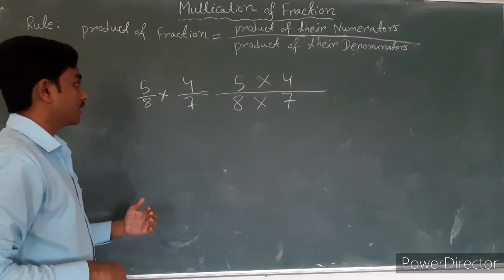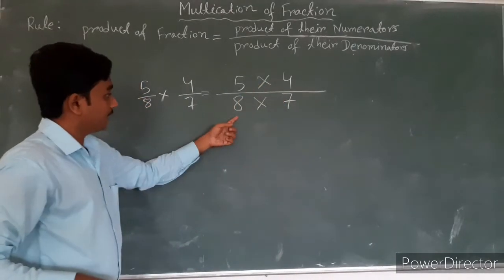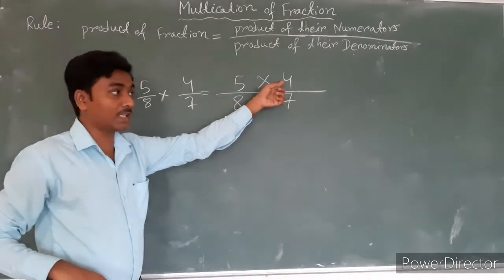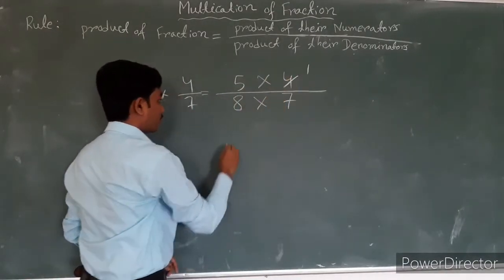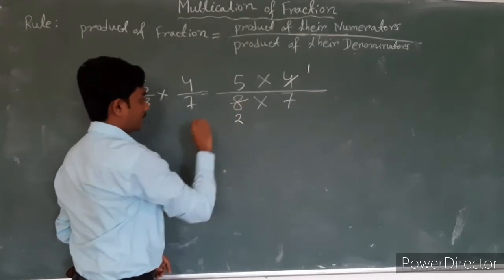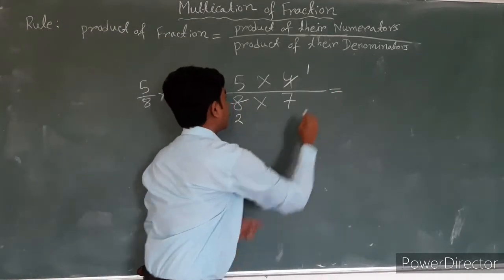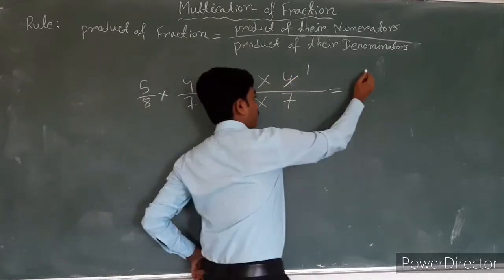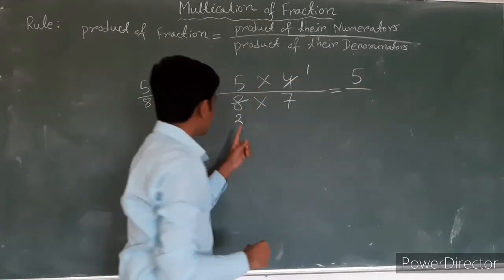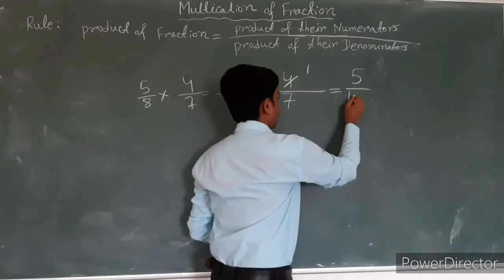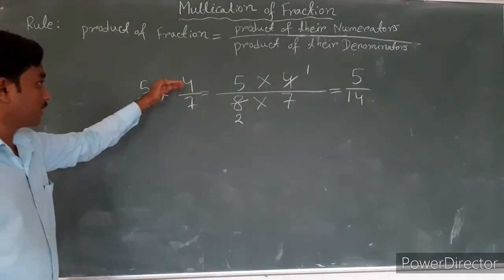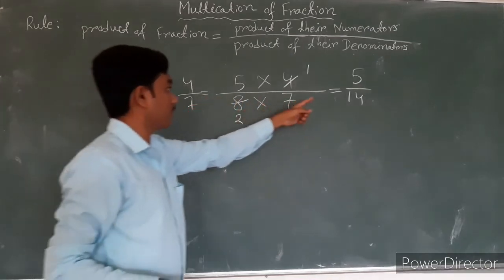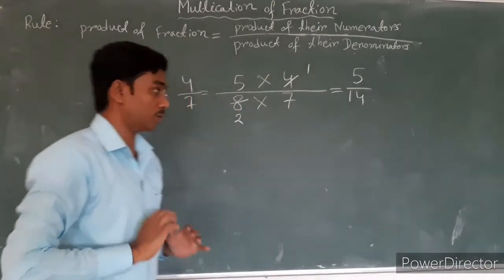Next we see that 4 and 8 are both divisible by 4. So 4 ones are 4, 4 twos are 8. So 5 into 1 is 5, 2 into 7 is 14. So 5 upon 8 multiplied by 4 upon 7 is equal to 5 upon 14.